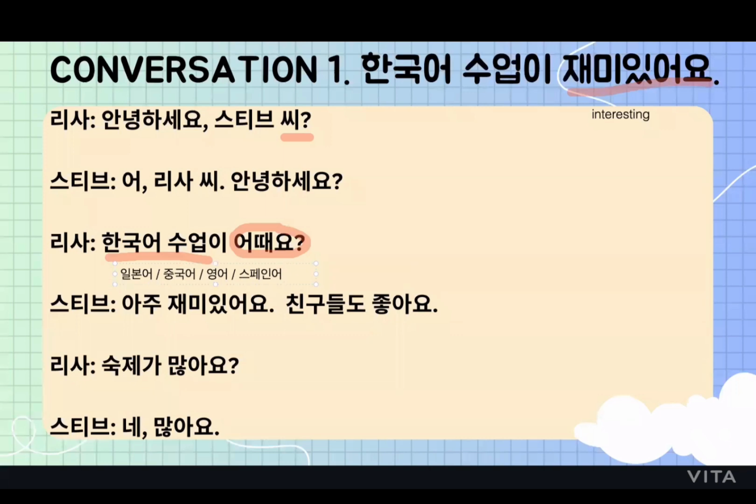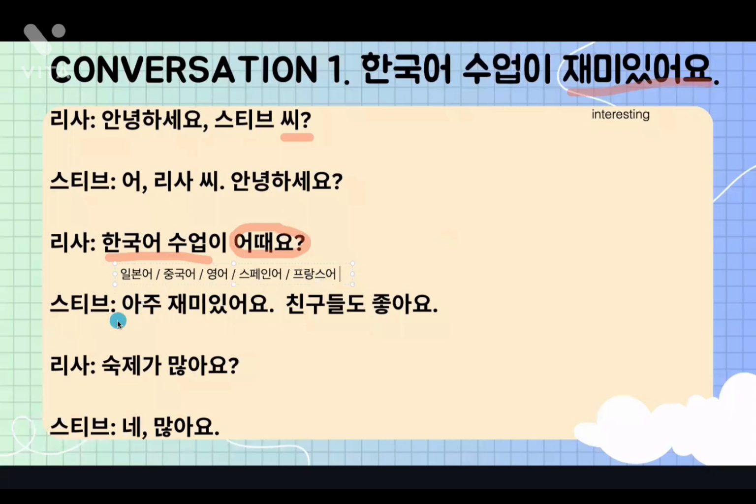It means the country's language. What about France? 프랑스어. So please remember, after the country name, when you add 어, it means the language.